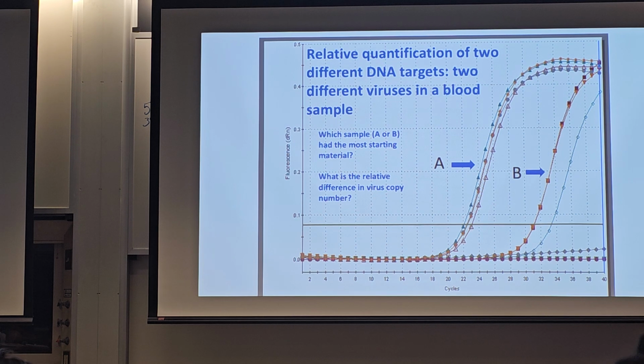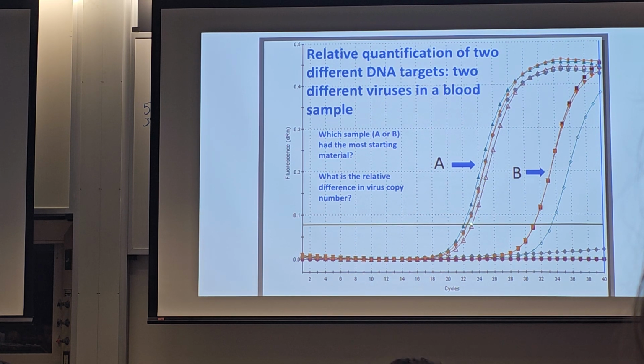And that's the kind of work that we do with quantitative PCR. We're almost always doing a relative comparison. We're saying there's 1,000 times more of this than there is of that, or 1,000 times more of this than there is of this control that we put in. We put in a control and we know how much control we put in.